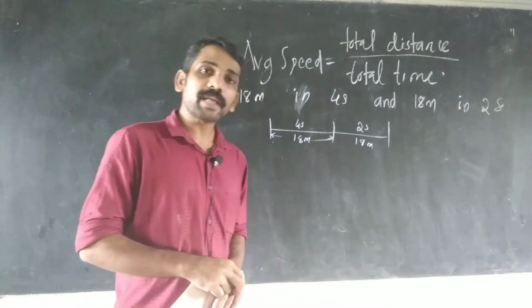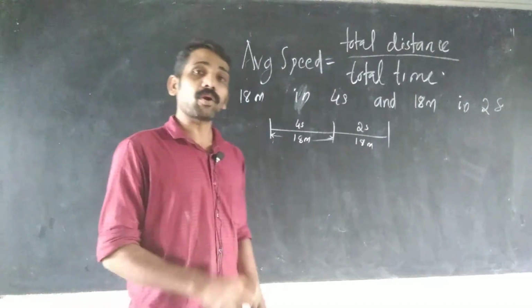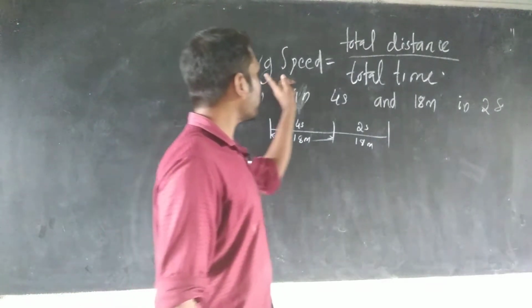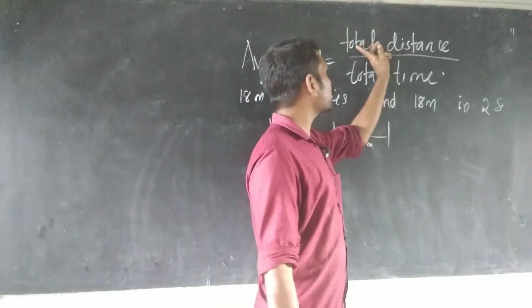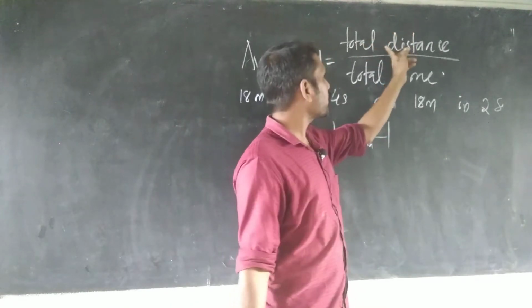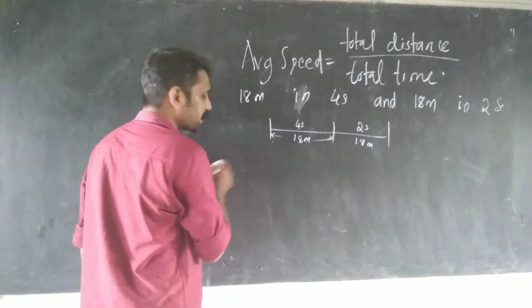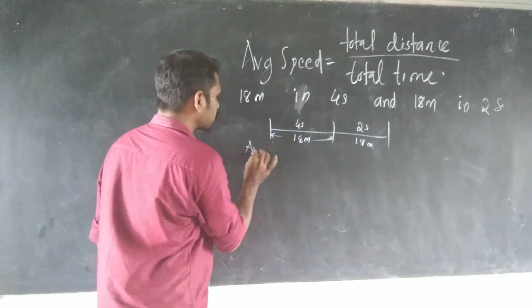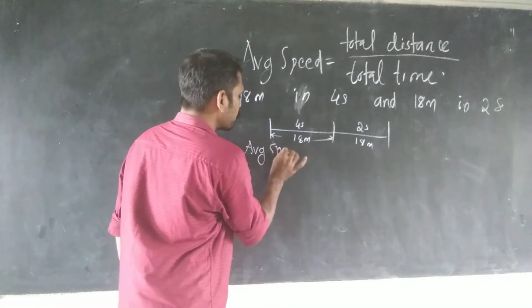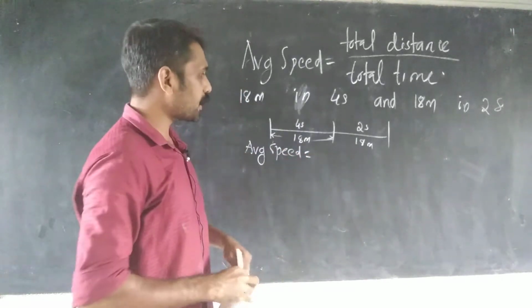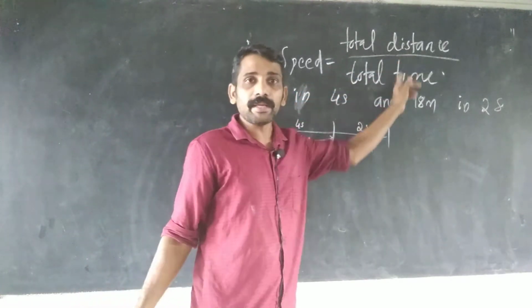So what will be the average speed of the object? How can we find average speed? Average speed can be calculated by total distance by total time.